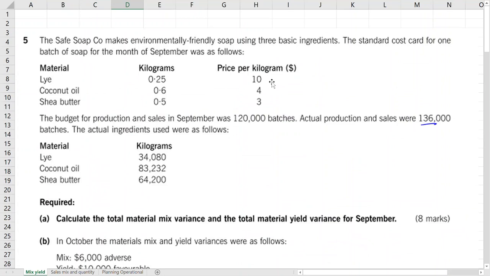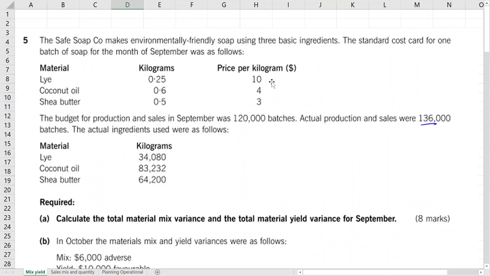We didn't multiply by actual price when we were calculating usage variance. In price variance, we looked at how much it should have cost us. We multiplied by standard price, and we saw with actual how much it cost us. But when we were finding usage, we look at the standard quantity and actual quantity multiplied by standard price.